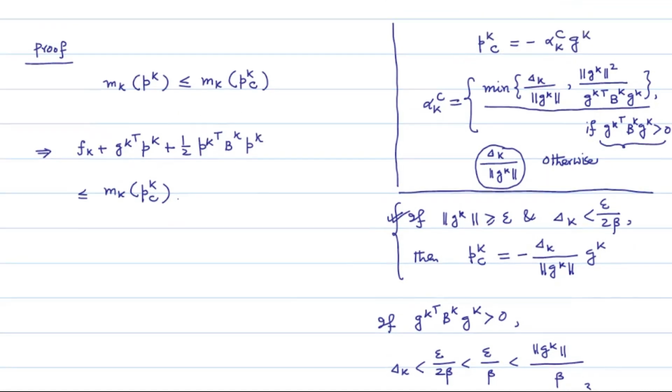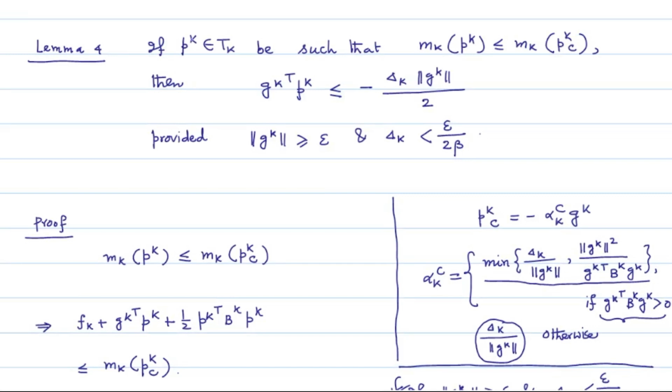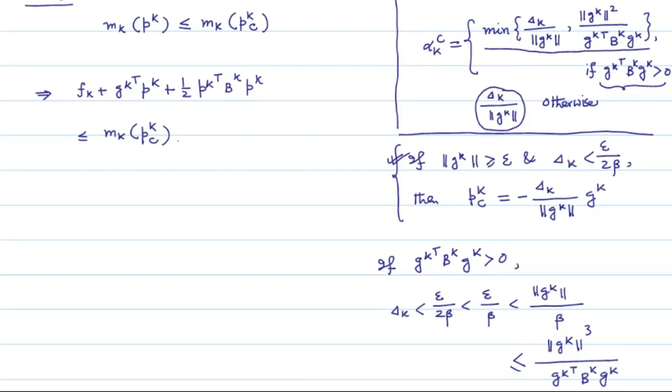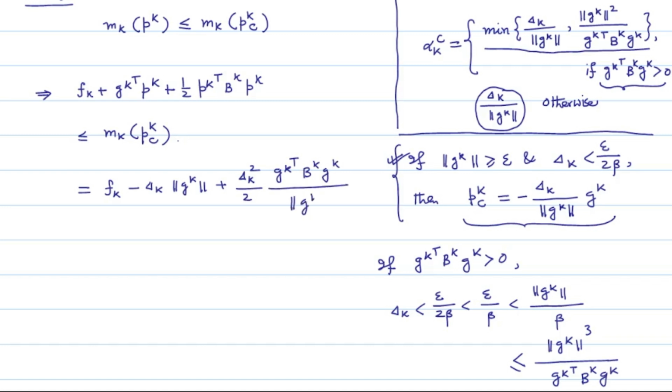And as these two conditions are taken into account in the hypothesis of Lemma 4, we have m_k(p_k^C) given by this quantity, and hence m_k(p_k^C) is equal to f_k minus delta_k norm g_k plus delta_k squared divided by 2 times g_k^T B_k g_k divided by norm g_k squared.